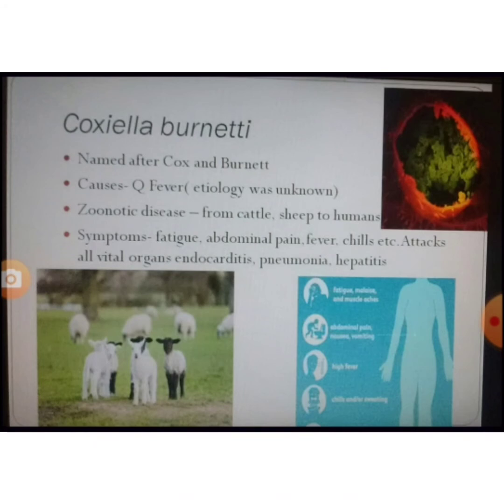Coming to the next type of organism, that is Coxiella. The very important organism in Coxiella is Coxiella burnetii. This is the organism which is spread through aerosols. What is the meaning of aerosols here?